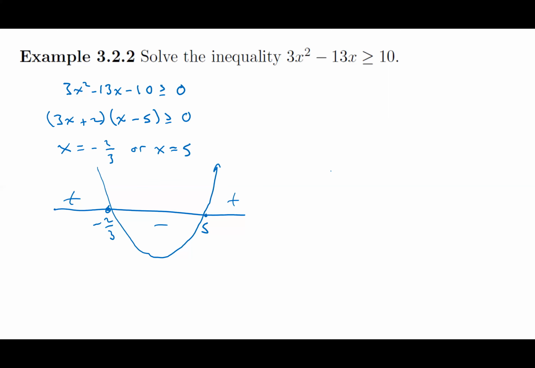So that will be from negative infinity to negative 2/3, including, because it can be equal to 0, and then union 5 to infinity. And again, 5 is closed because we're including 0 as a possibility. Okay. So notice that for the quadratics, at least, grabbing these zeros and then asking if it opens up or down really tells us where the function is going to be positive or negative.